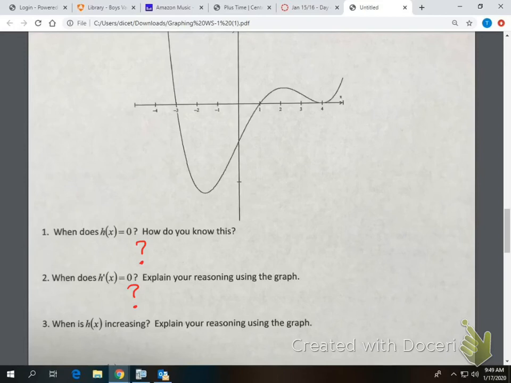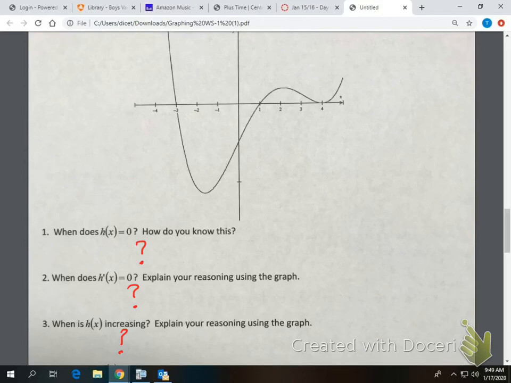When is h of x increasing? Does the second derivative tell me anything about increasing or decreasing? What derivative tells me increasing and decreasing? First derivative. Can't answer. I need more information. When does h of x have a relative minimum or relative maximum? I don't know. You've got a whole page of question marks.